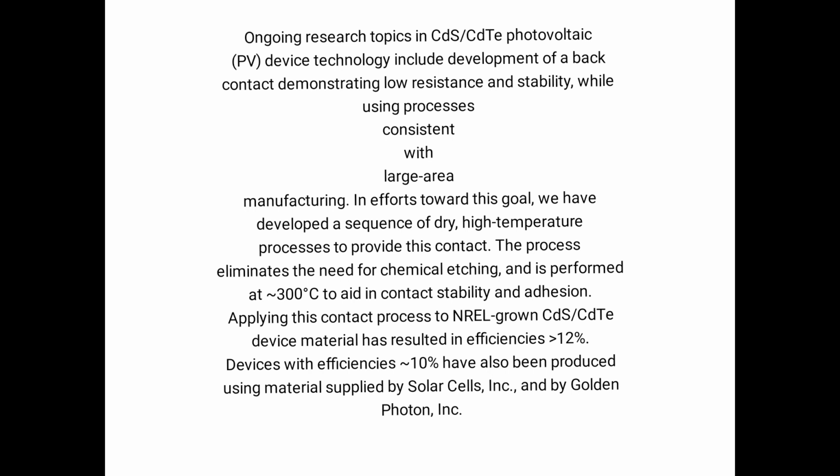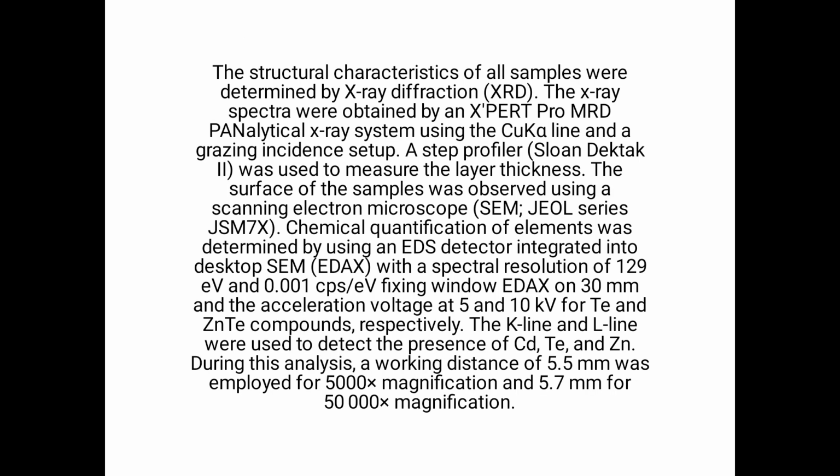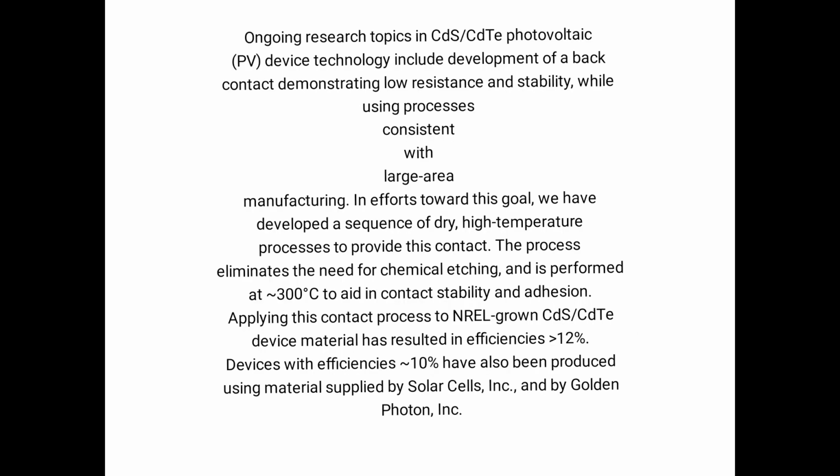In an effort towards this goal, we have developed a sequence of dry high temperature processes to provide this contact. The process eliminates the need for chemical etching and is performed at 300 degrees to aid in contact stability. Applying this contact process to NREL devices, efficiencies of 10% have also been produced using material supplied by solar cells in Canada by Golden Photon.